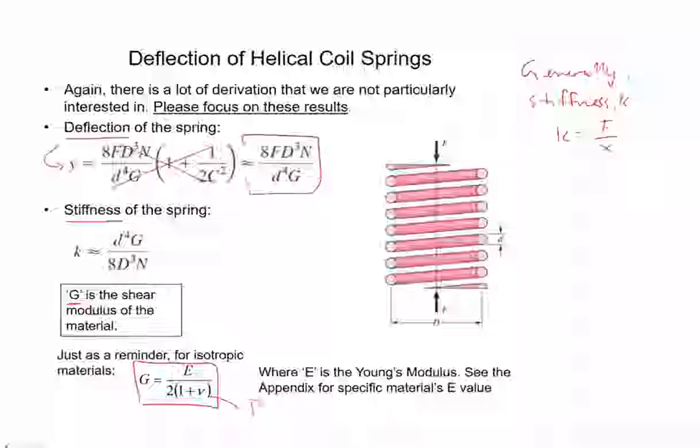This is the Poisson ratio, and that's for isotropic materials. Up here we have an approximate value for the spring stiffness. I drew this on the previous slide, but here you can see what the nominal coil diameter and wire diameter are. It's a little clearer on this one what those values mean.